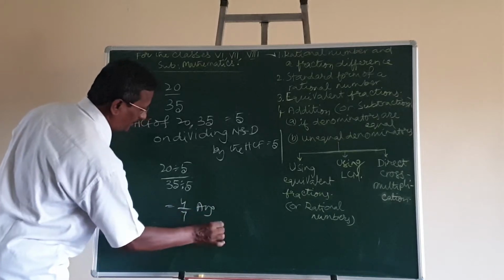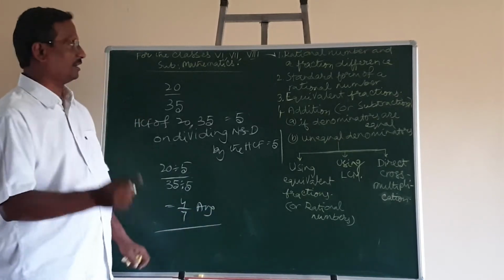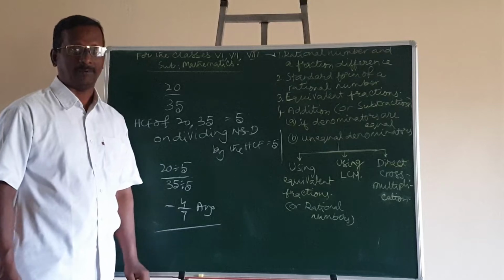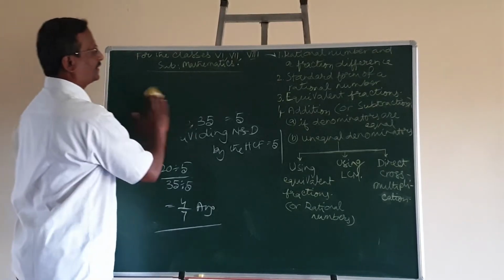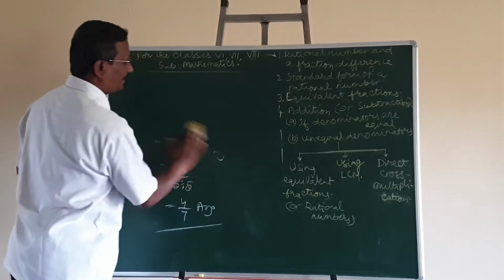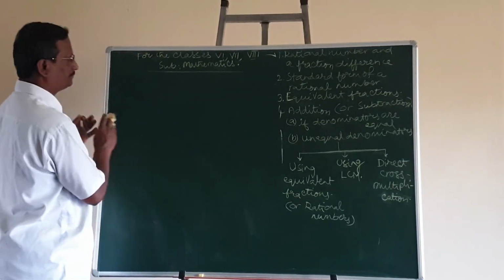Therefore, 4 upon 7 is the standard form of the given number 20 upon 35. Suppose the number does not have any common factor, we can say the number is already in standard form.